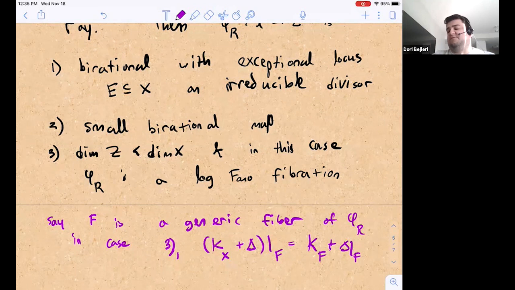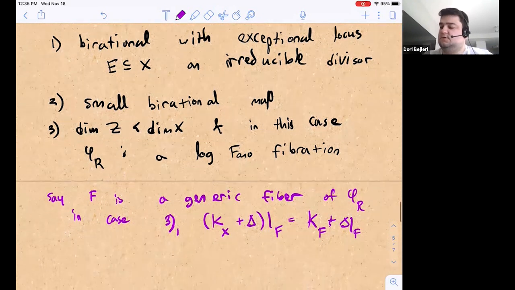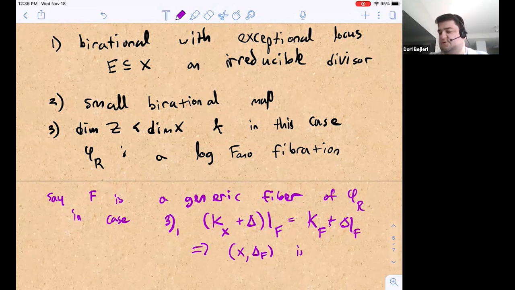But if F is generic, then Δ restricted to F will be some KLT pair. I guess we haven't checked that it's actually KLT, but at least Δ will be effective if we take F generic, so if we just take some F that's not contained in Δ.